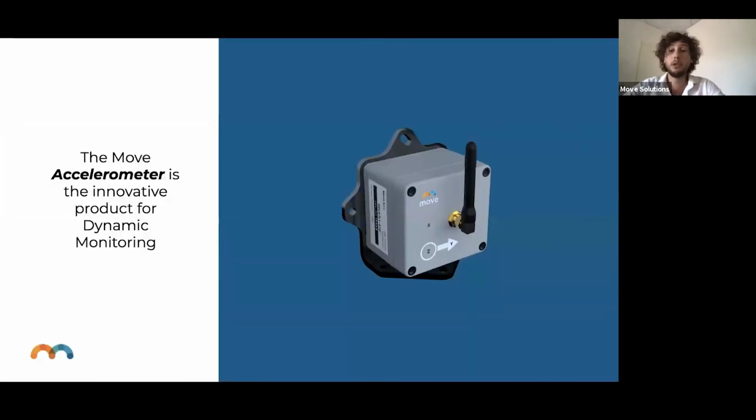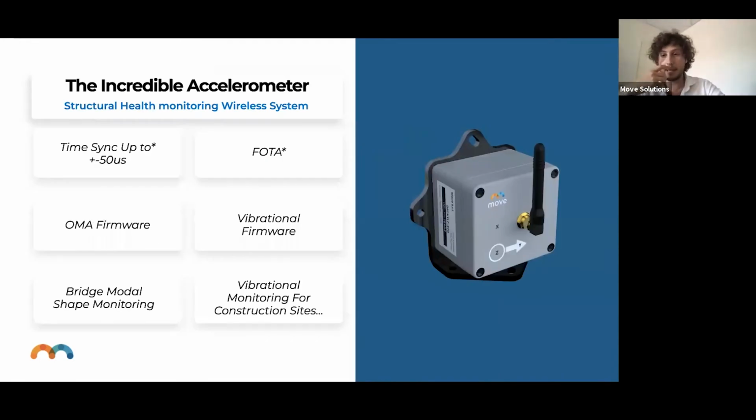And then we have the Move accelerometer, which is another dynamic sensor. Now, the Move accelerometer has different functionalities that are really interesting here. One of the most requested functionalities to perform structural health monitoring in the best way, the OMA analysis, the modal analysis, is to have the sampling between the accelerometers correctly synchronized.